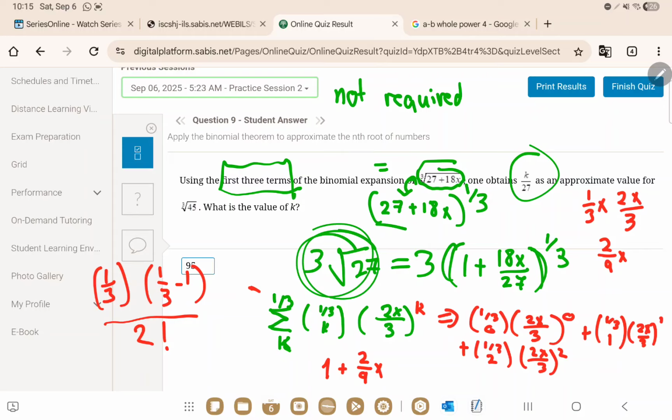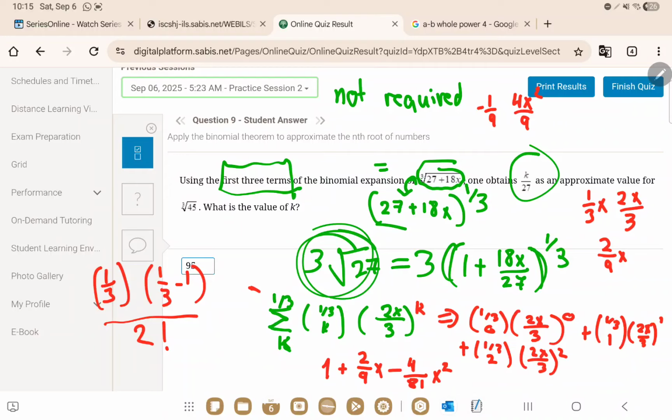It is negative 1 over 9. But this is times 2x over 3 squared. So negative 1/9 into 2x over 3 squared, so it is times 4x over 9. So it is negative 4x over 81. And that's our first 3 values. It's 4x squared, isn't it? Yeah, it's 4x squared because you squared it, you have to square the x with it. So it's negative 4 over 81 x squared.